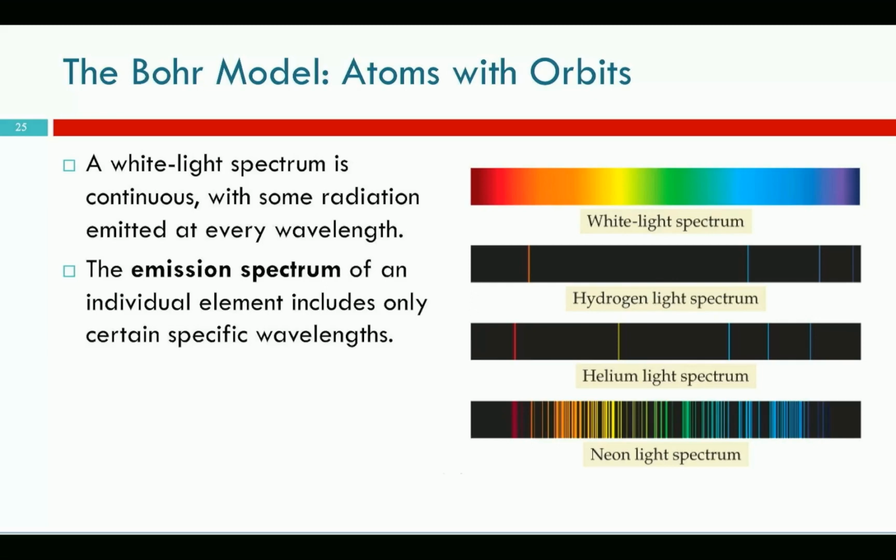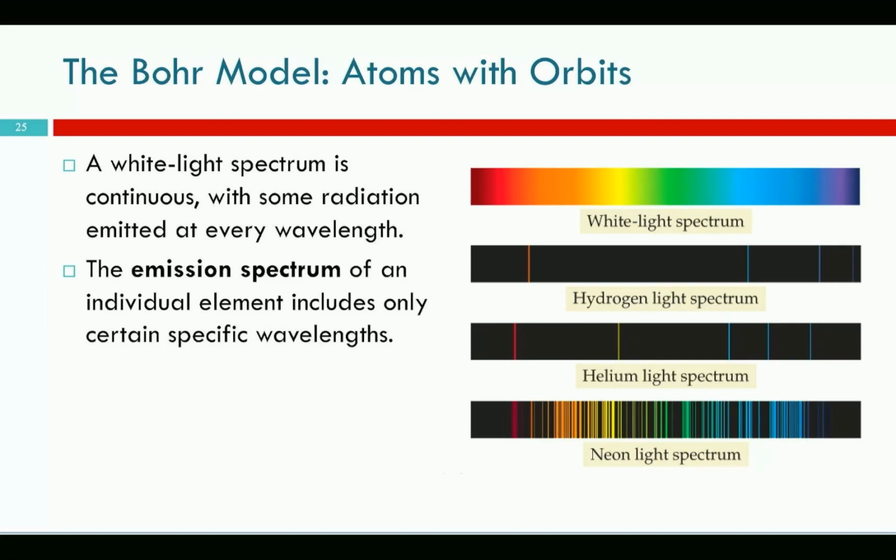Helium's got an extra one in the middle, and then a couple more. And then if you do neon, even neon, which looks reddish orange, is not just reddish orange light. In fact, there's some blue in there, some green, yellow, all the way down into the red. But even that isn't continuous, right? There's a lot of gaps in this spectrum.